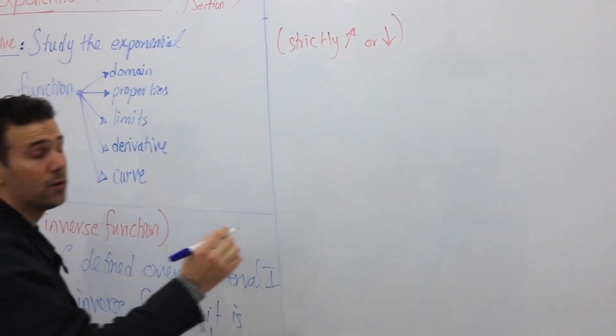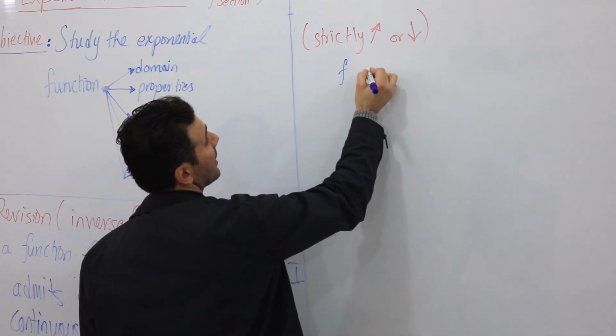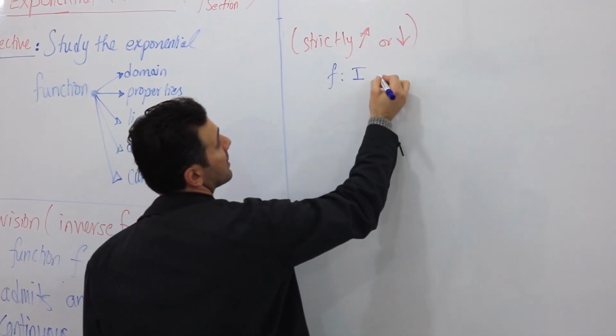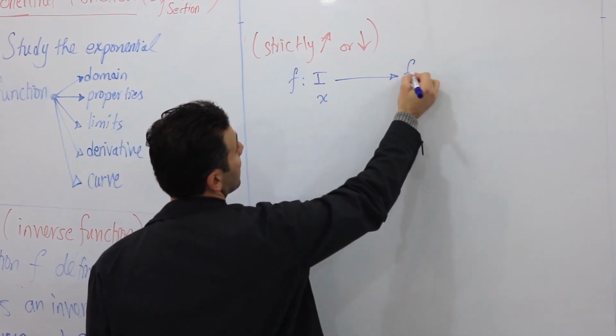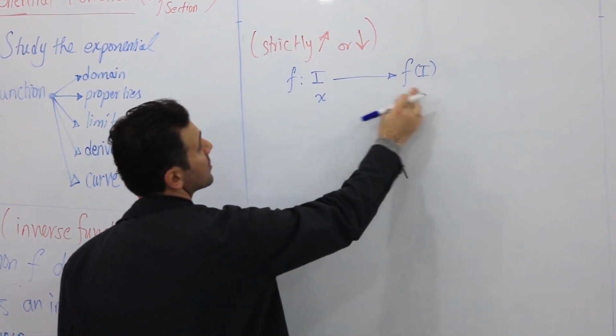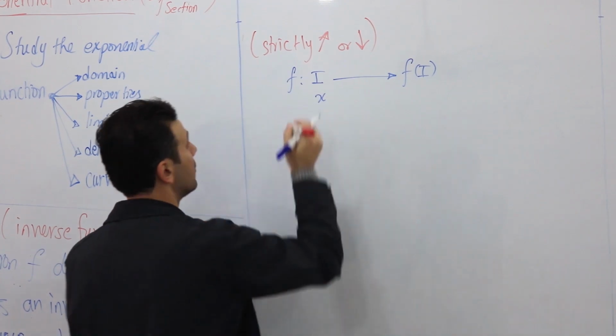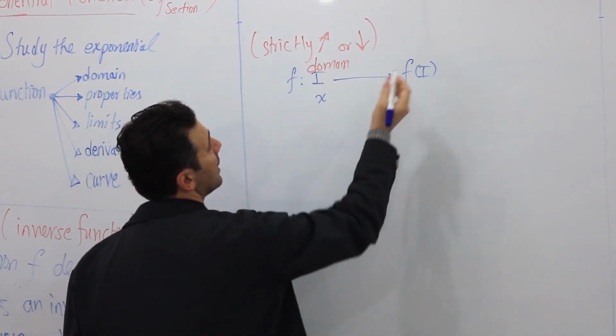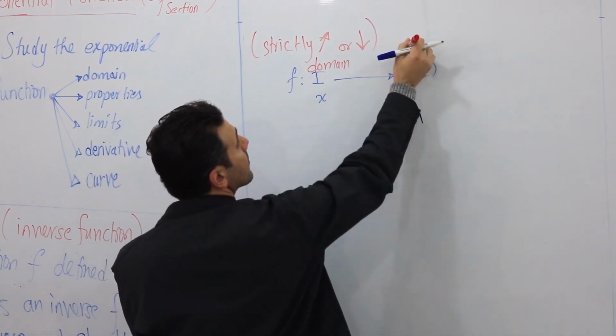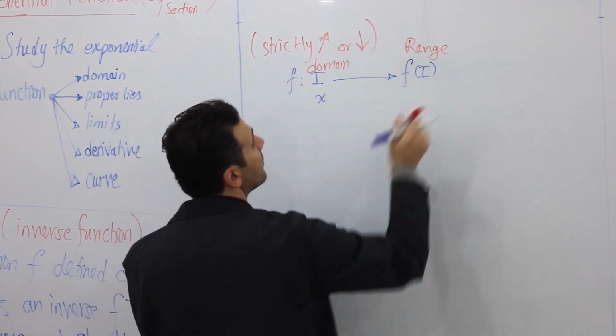Now, as you know, if f is defined over this interval, it takes x values from here to f of I, the image of this interval. This is, as you know, the domain of f, and this is the range of f.